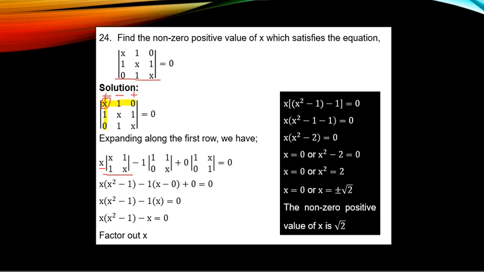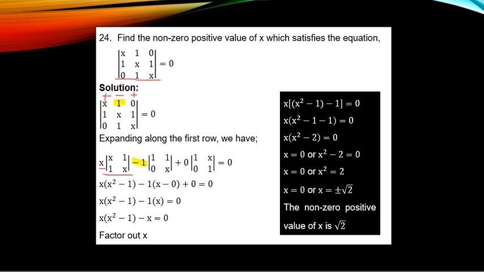Next is the second element in the first row of expansion. That is 1. After taking 1, the checkerboard sign to it is negative, so you have minus 1.